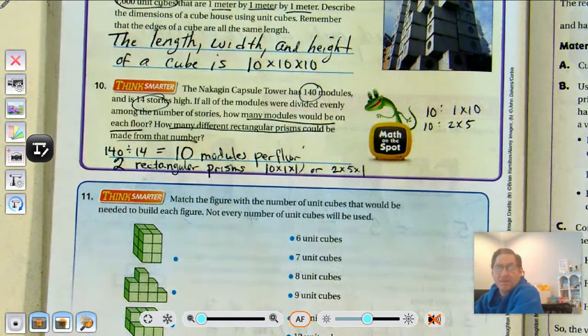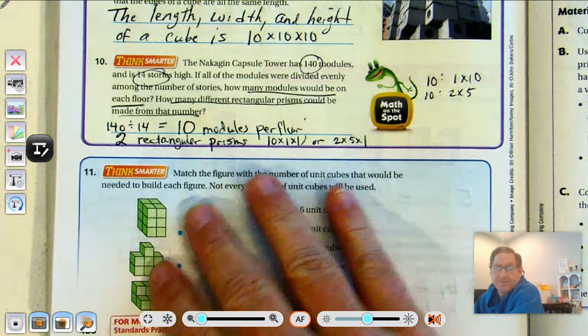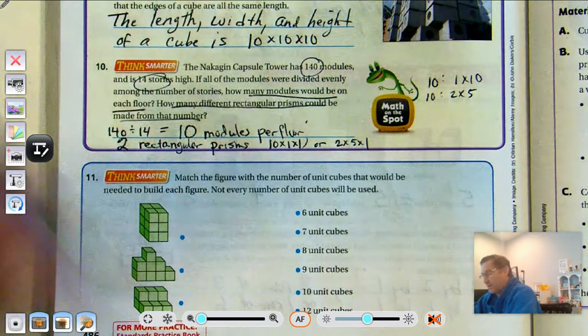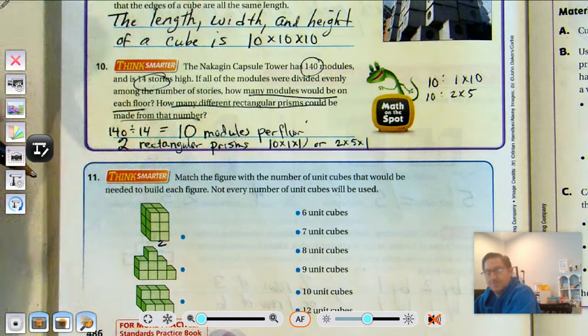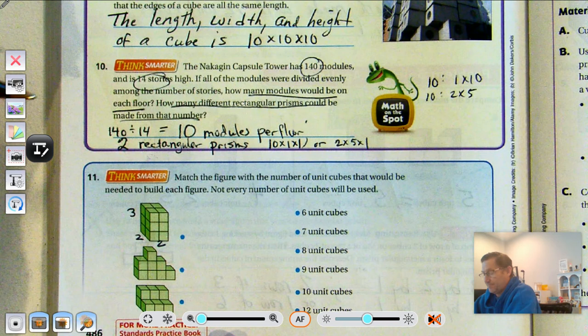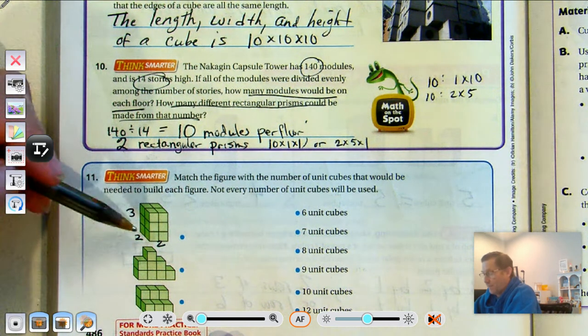And number 11. Match the figure with the number of unit cubes that would be needed to build each figure. Not every number of unit cubes will be used, so not all of these are going to be used. All right, so this one is 2 by 2 by 3. So there's 4 on the base, so 4, 8, 12.